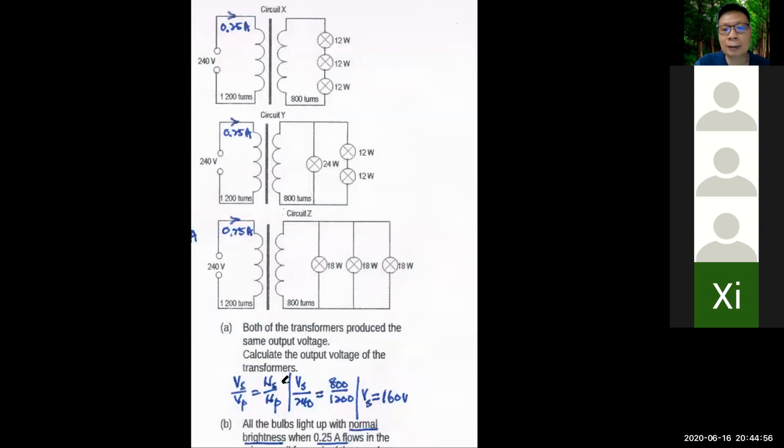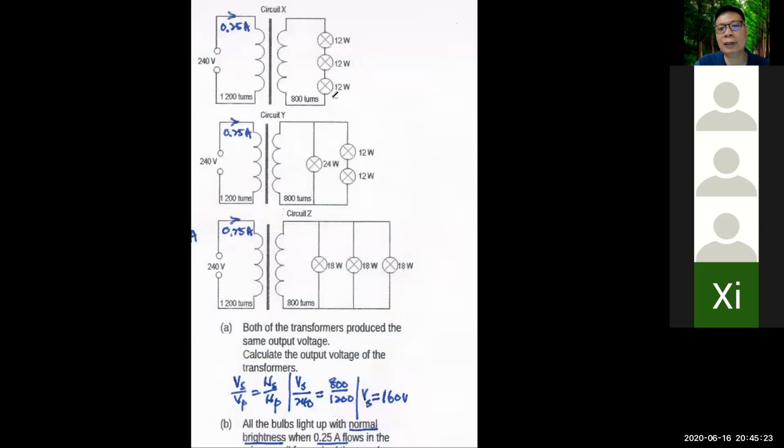So you calculate. Okay, you want to find the output voltage here, the secondary voltage, right? So use Vs on top because you want to find Vs, voltage of the secondary coil. So Vs over Vp equals Ns over Np. Primary coil voltage 240, all the same.